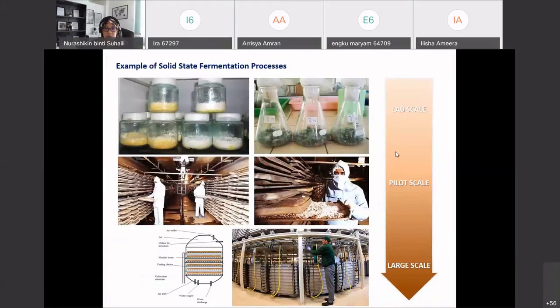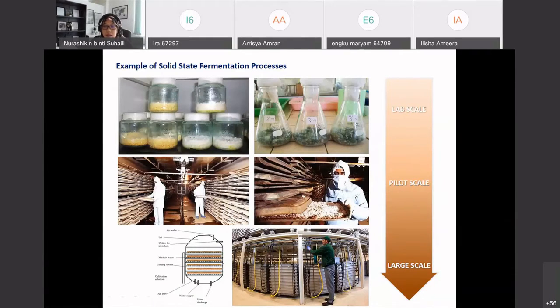So these are examples of solid state fermentation. The pictures above here show small scale fermentation. In bioprocess or in fermentation, we do have different scales or different sizes of cultivation. The reason is that whenever we start any new project or new research, we have to start with a small scale first, and the small scale is normally termed lab scale.